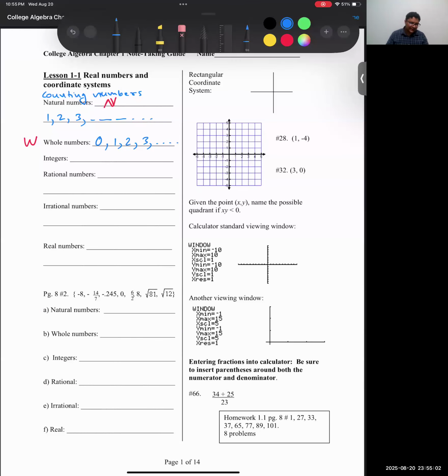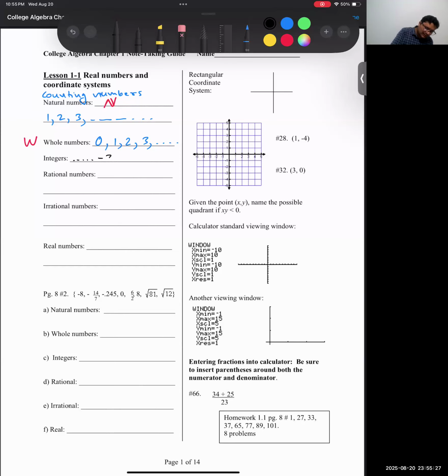Next in the line is integers. In integers, we are simply going to take these natural numbers with the 0, the whole numbers, and go on the negative side. So we will actually start at negative infinity, or something very, very small. No, sorry, very large negative.